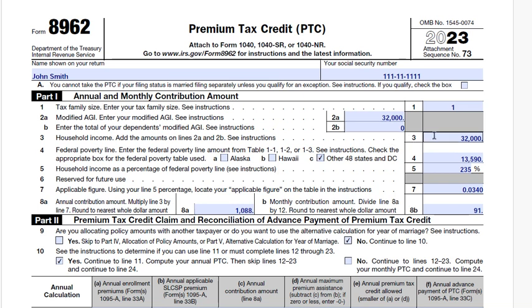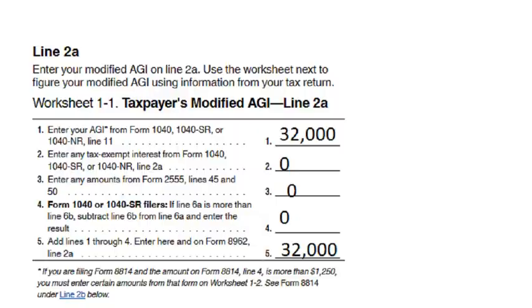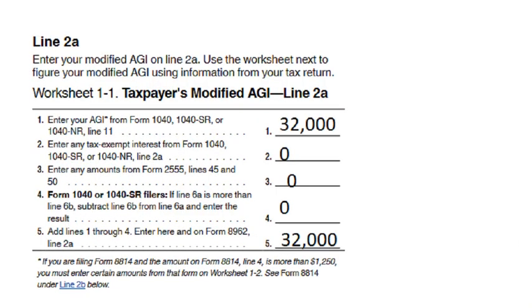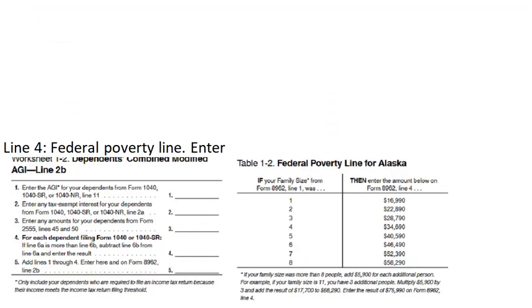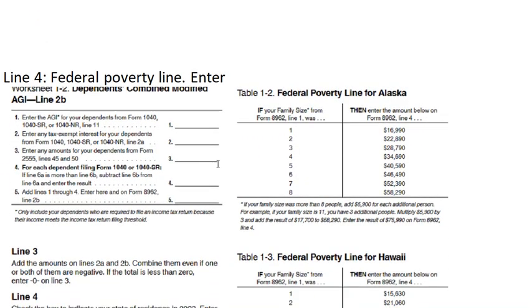Line 3 just combines lines 2a and 2b, and we have $32,000. And then this is the federal poverty line, line 4. To get this figure, we need to go back to the Form 8962 instructions, and then go to line 4. So we're back at the Form 8962 instructions in line 4. And this is what line 4 looks like.